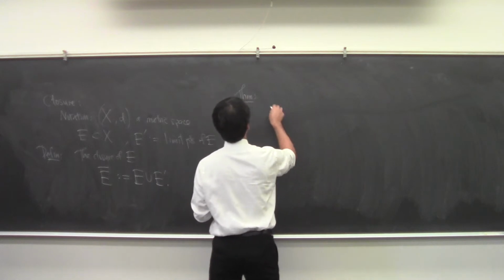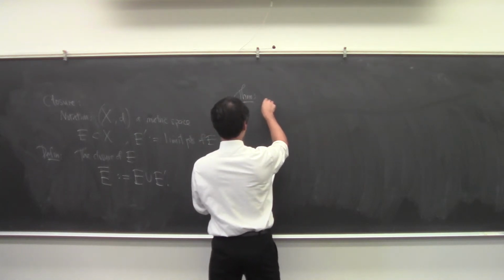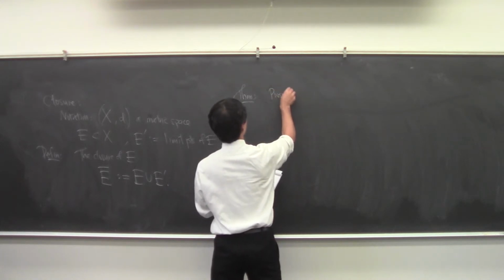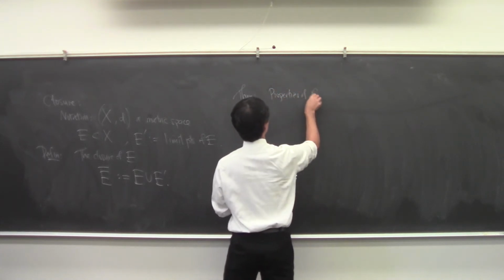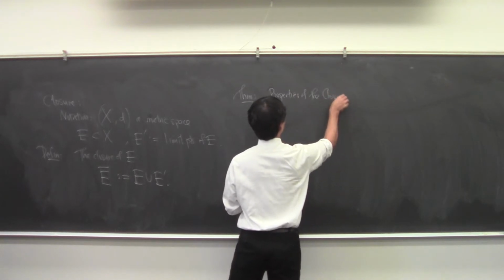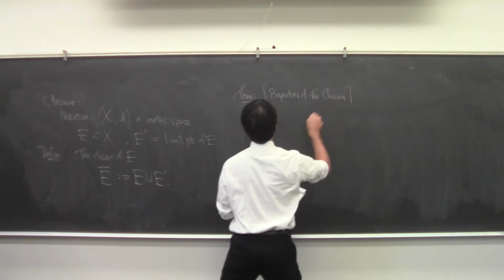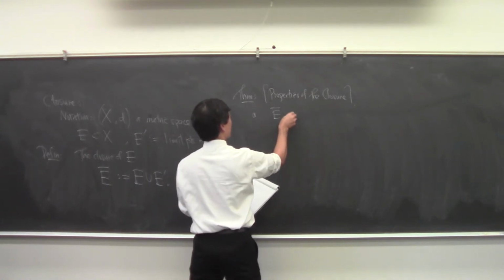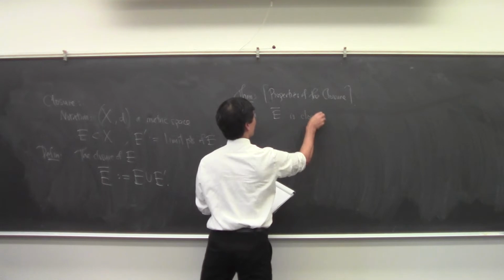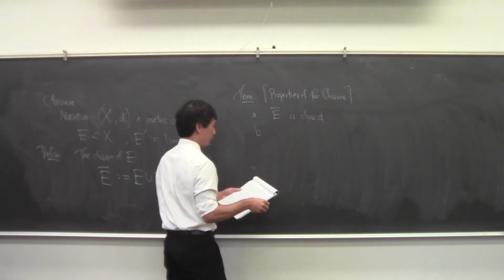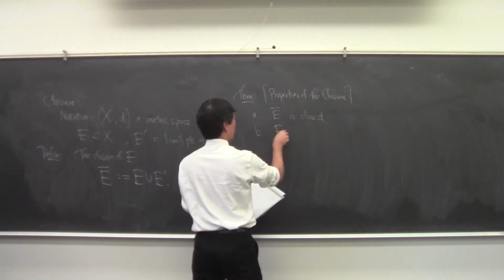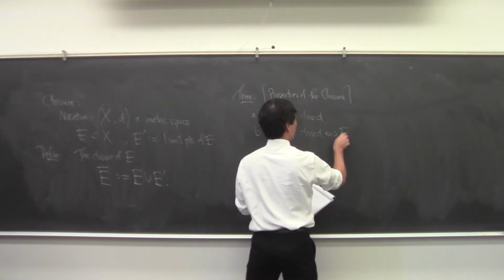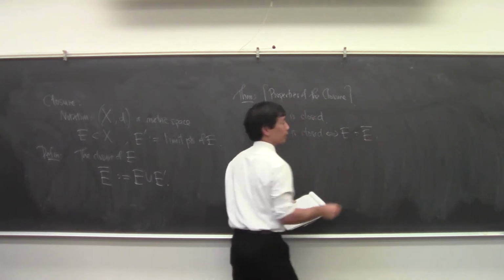So then we've got this theorem about properties of the closure. So first off, the closure is closed. The closure is a closed set. The set is closed if and only if it equals its closure, right?